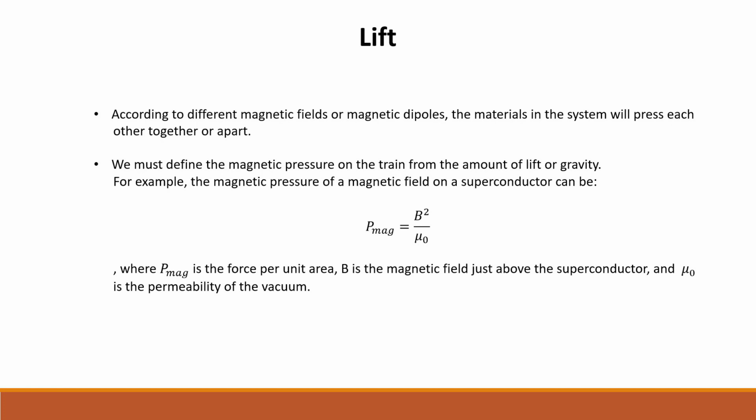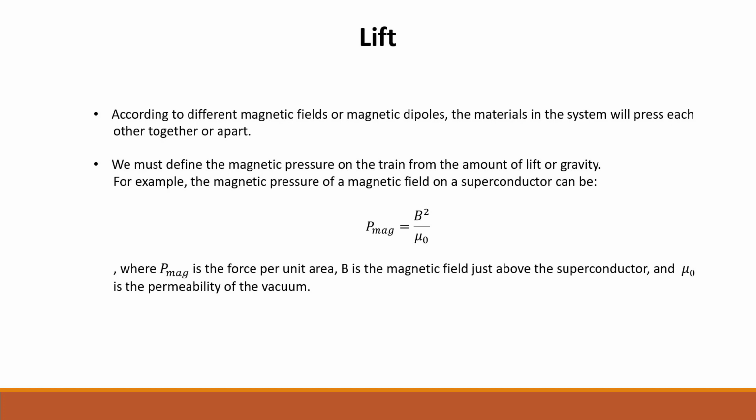And what is lift? According to different magnetic fields or magnetic dipoles, the materials in the system will press each other together or apart. We must define the magnetic pressure on the train from the amount of lift or gravity. For example, the magnetic pressure of a magnetic field on a superconductor can be demonstrated as follows.